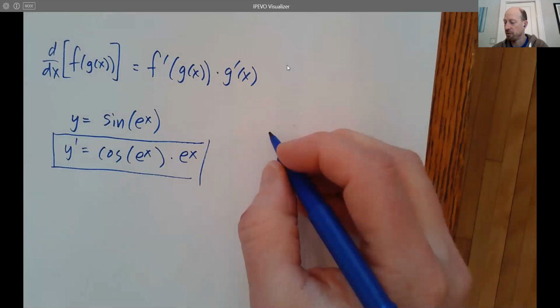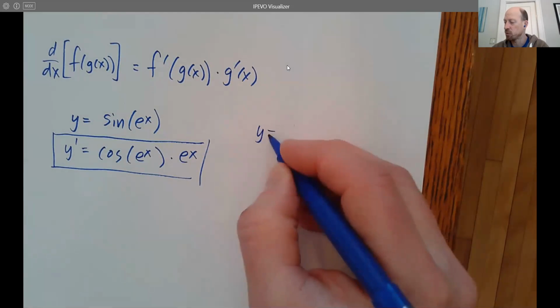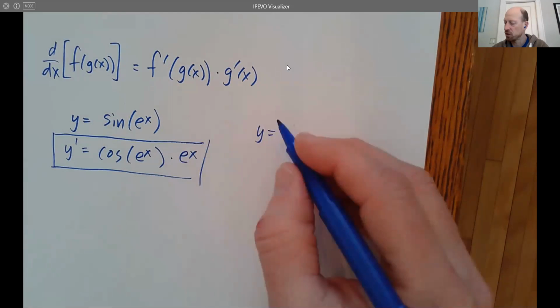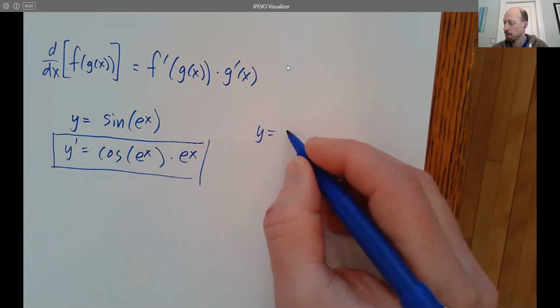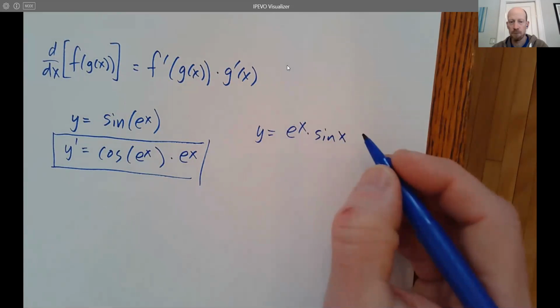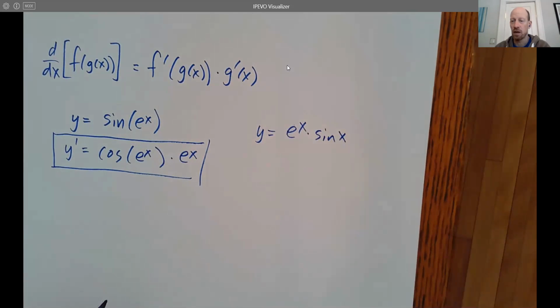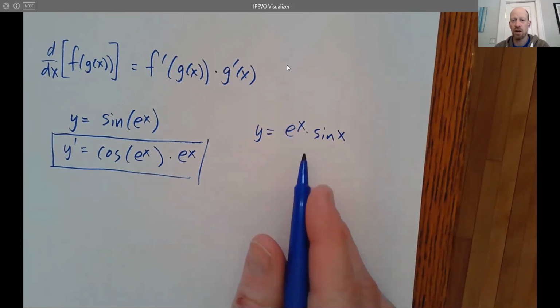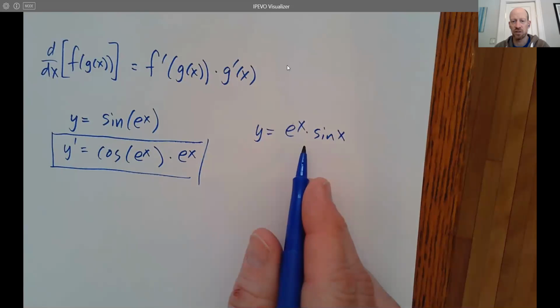It is very, very important that you distinguish between this function and this function, right? They both involve e to the x and a sine of x, but they have a very different structure. This is a product rule, just a product of two functions.